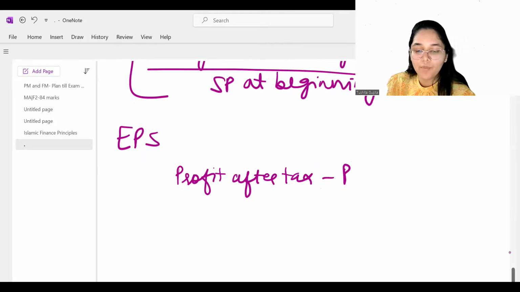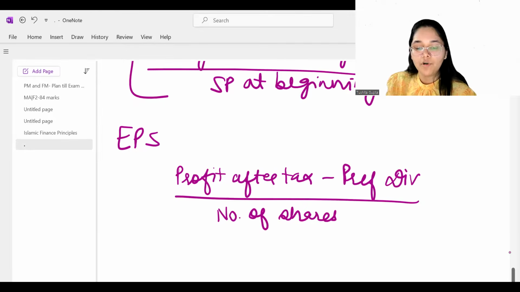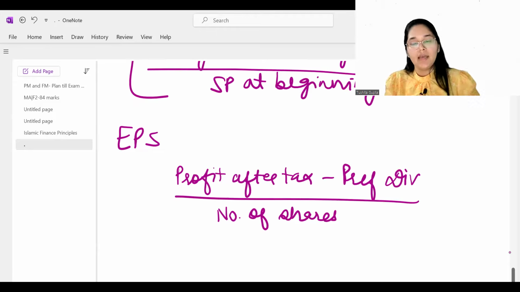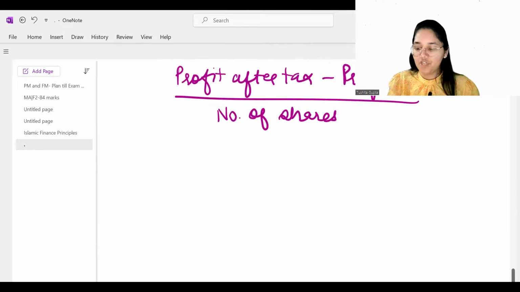You subtract your preference dividend from this, because that is the money that ultimately remains for the equity shareholders, and then you divide that by the total number of shares. So total profit is for all of the shares. Because you want to find it out for one share, that is why you divide by the total number of shares that the company has. So these are the two ratios that get introduced in the very first chapter.